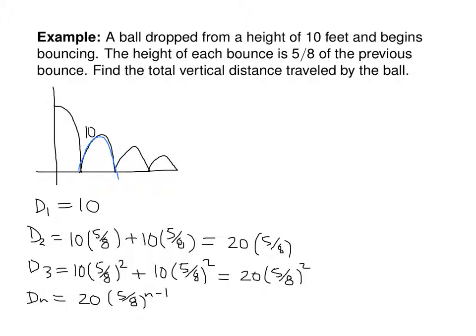So the total distance will be given by 10 plus a sum, from n equals 2 to infinity of 20 times 5/8 to the n minus 1 power.